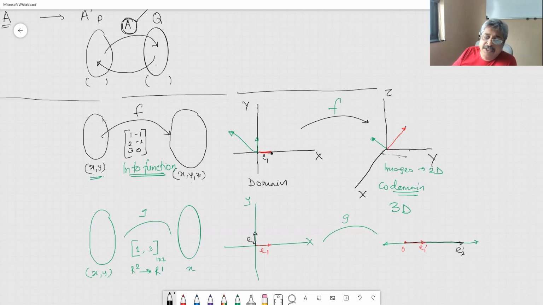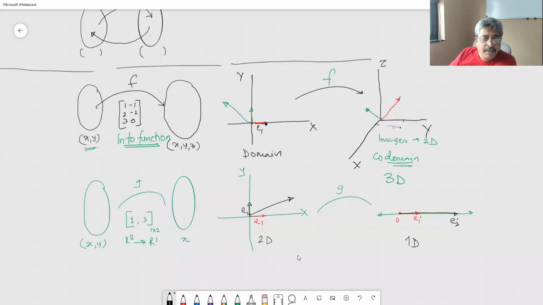Now, if you consider any linear combination of E1 and E2 in this domain, it is going to go and lie on this line, the corresponding linear combination of E1 dash and E2 dash. It will not leave this line because the codomain is only one dimensional and the domain is two dimensional, right? So the image will of course be one dimensional, not more than that. So here the function is going to be many-one.